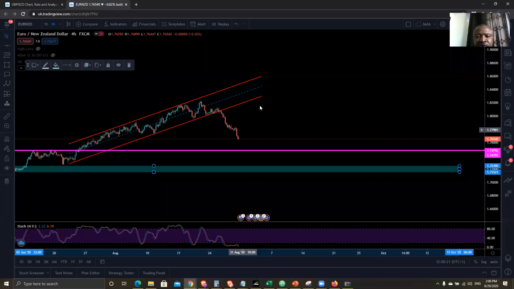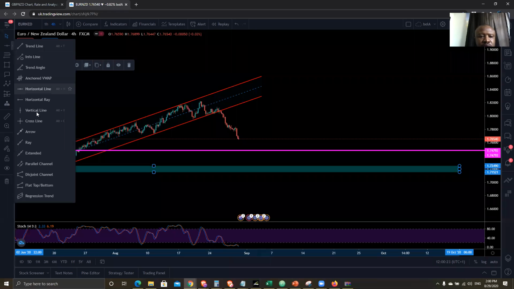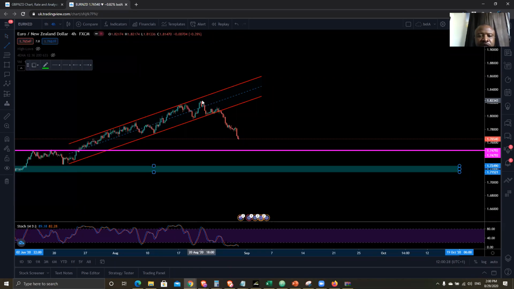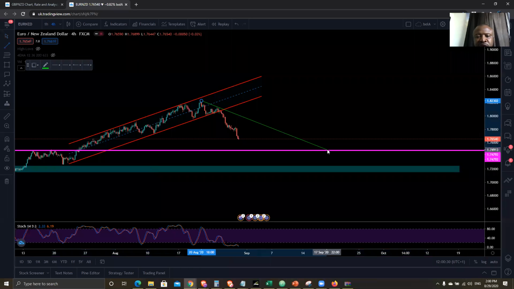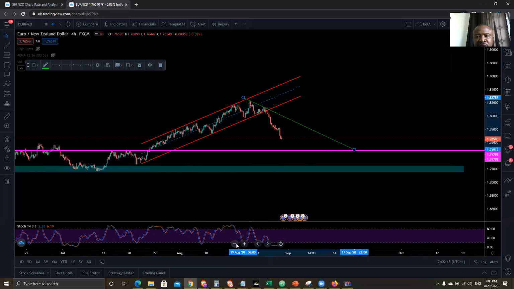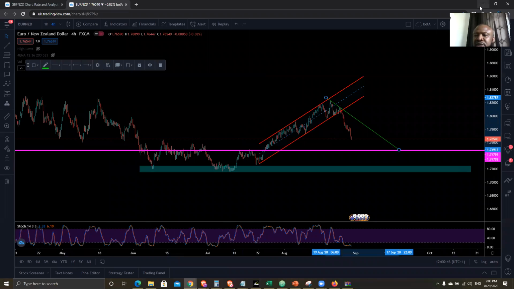Am I going to see a correction? And your correction will be a trade back to this trend line. You want to be a seller. What you are looking for is a potential reason for price to come and hit this area and then sell back down. But yeah, as you can see, it is gone already.